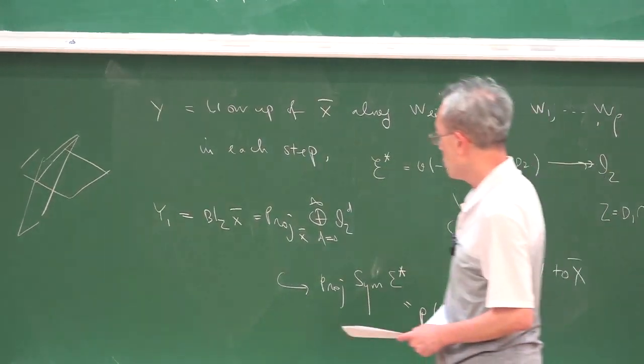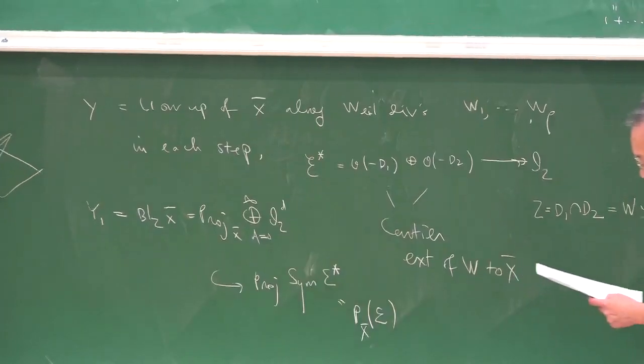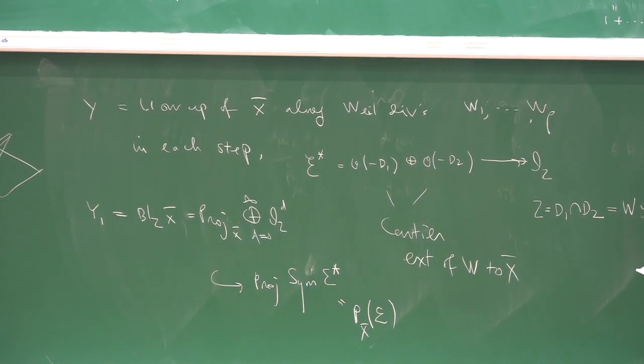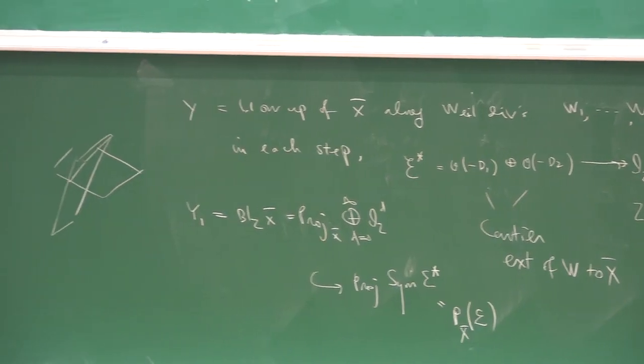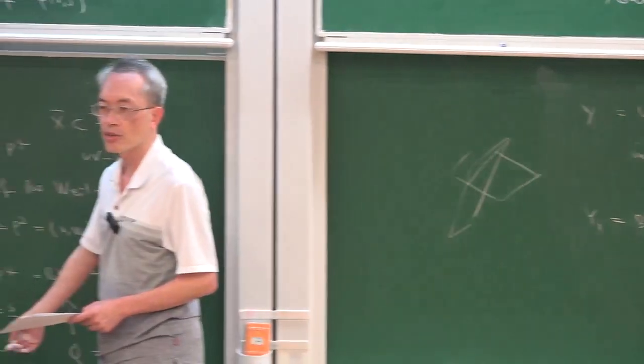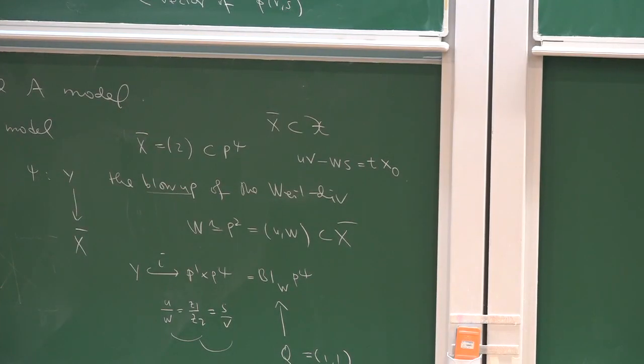So you can realize it just as in the local model case, as a subvariety in the vector bundle. And if you are really lucky, such that you still get a complete intersection, then you are done. Yeah, but as I said, usually you cannot expect that.